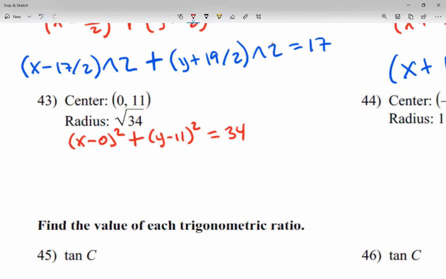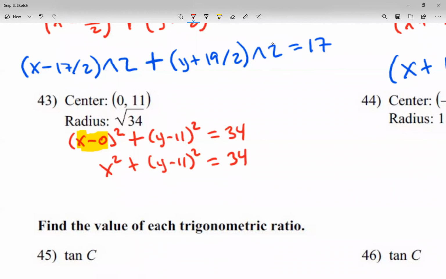Now, there's one more thing. Every time we deal with a minus 0, we can simplify things. So I'm still going to say how we write it. I'm not going to go to typing yet. If we were writing this as x squared plus y minus 11 squared, it's equal to 34. That's how I will write it.